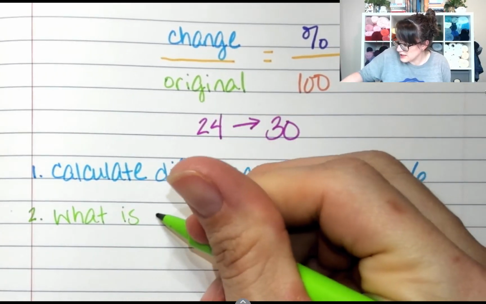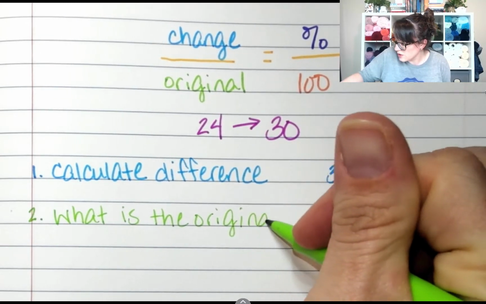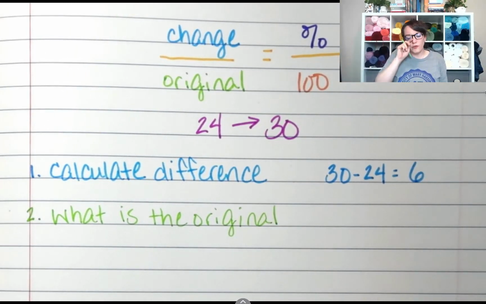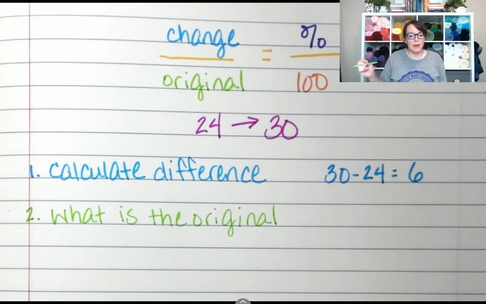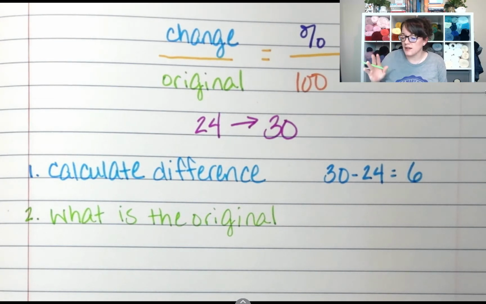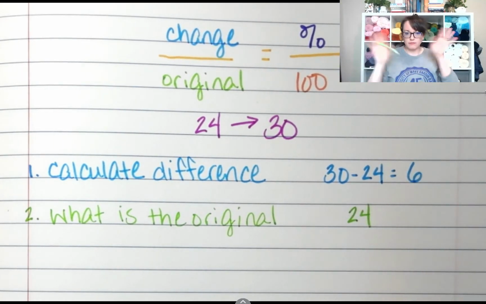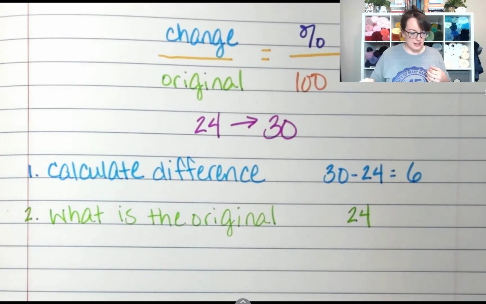I want to figure out the percent based on the original, not what it is now, but what it was and how it changed. It started at 24.